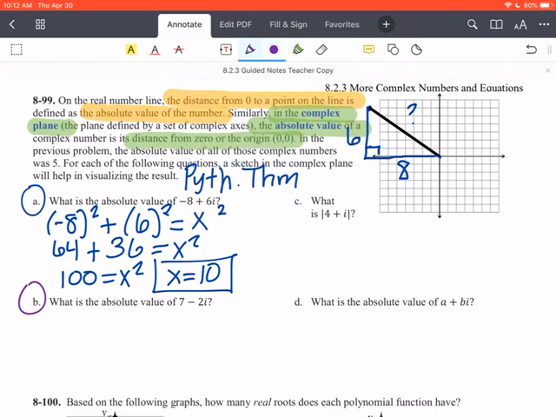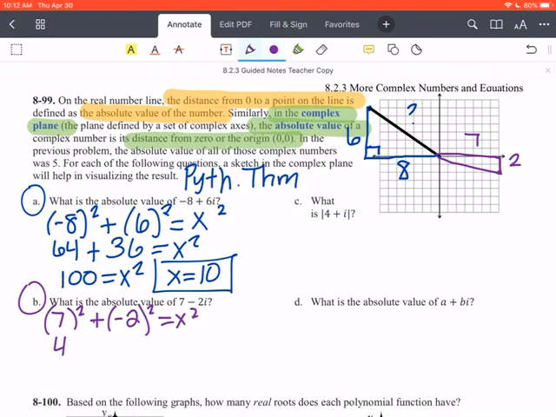So try this next one. What is the absolute value of 7 minus 2i? Well, if we picture that plotted, we'd go over 7 and then we'd go down 2. So we'd be right here. If we draw in our hypotenuse and think about the right triangle, we have 7 and 2. So we are going to take 7 squared plus, and remember, whenever you square a negative number, you get a positive, negative 2 squared equals x squared.